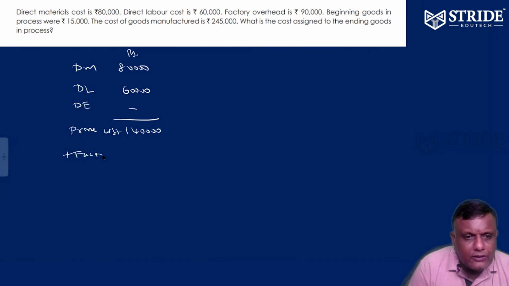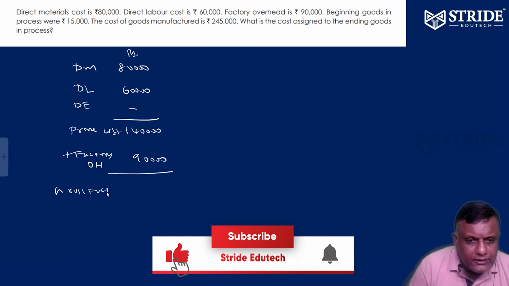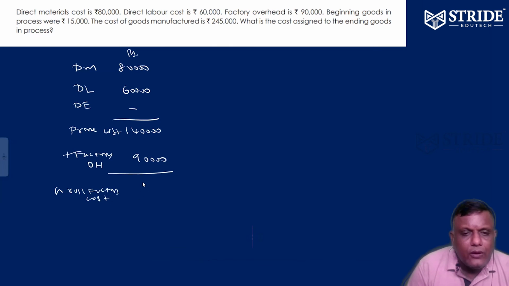Plus factory related overheads 90,000. Add, you'll be getting gross factory cost. 1 lakh 40 plus 90, 2 lakh 30. 2 lakh 30. Plus add opening work in progress.